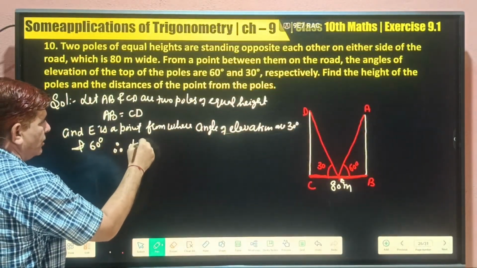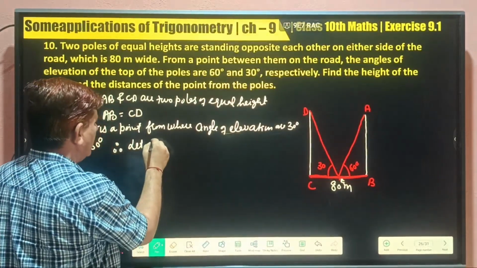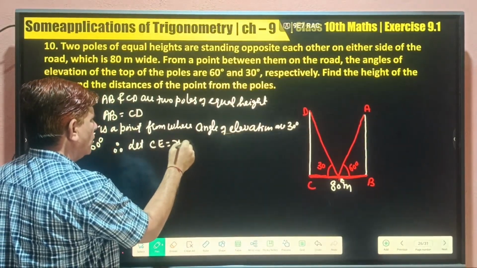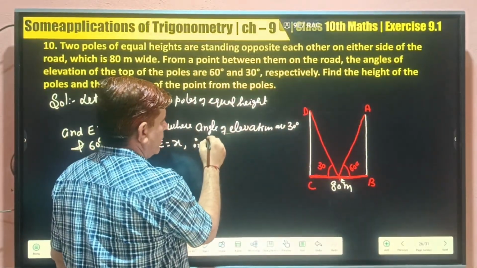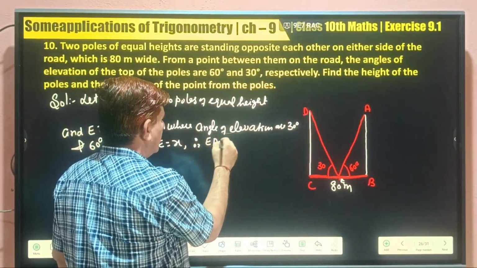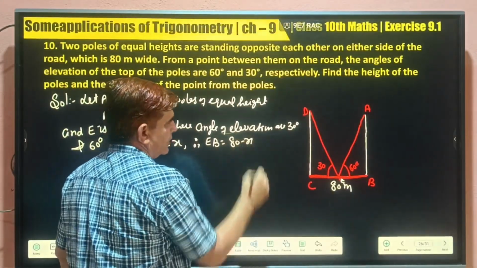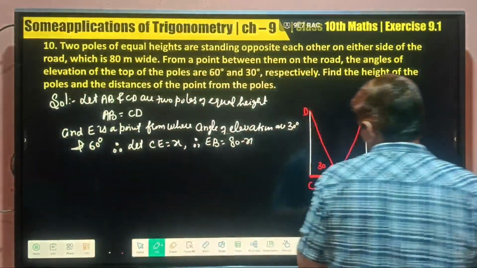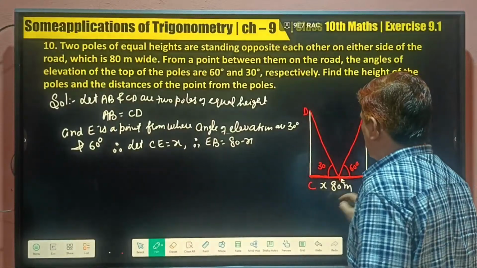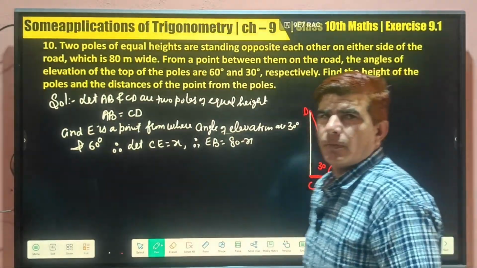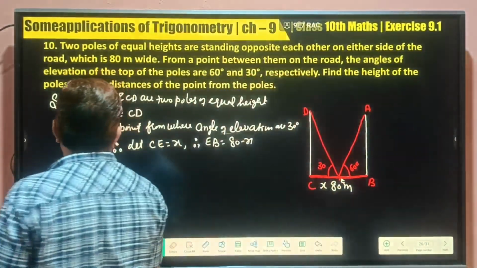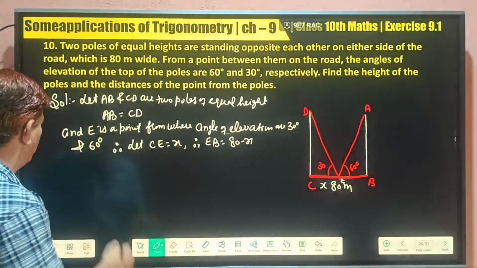Therefore, let CE equal X. Therefore, EB is equal to 80 minus X, since total BC equals 80. This we have taken X meters. So EB is how much? 80 minus X. Now try to solve these.